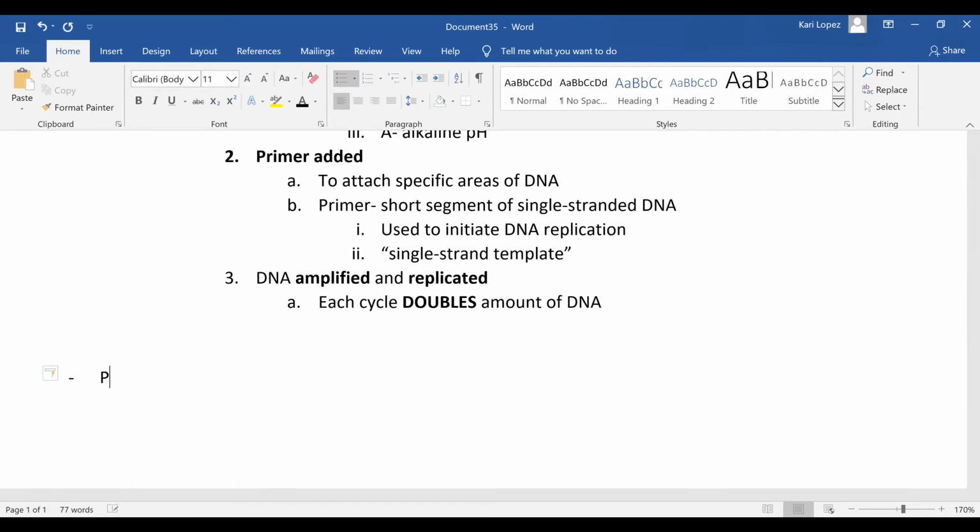Okay, now there's PCR-based HLA typing procedures.